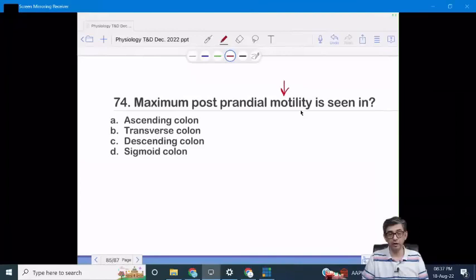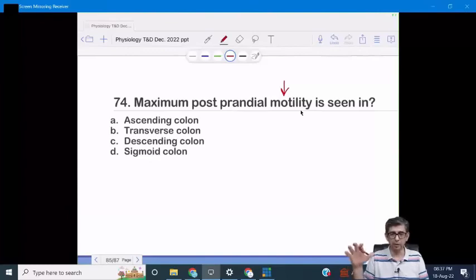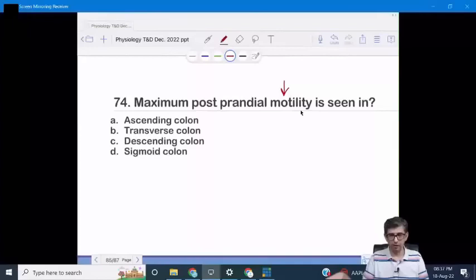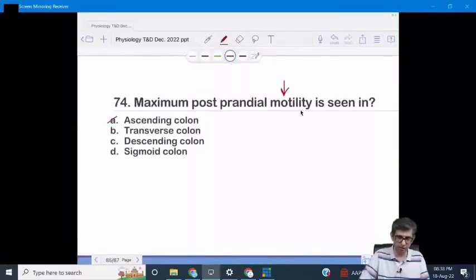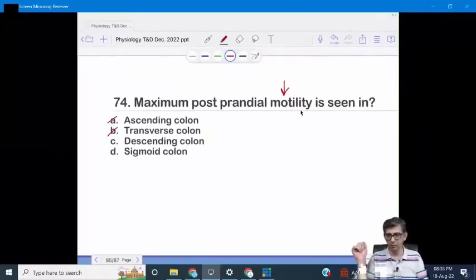That is gastrocolic reflex. So we are talking about motility in the terminal part. I mean, you can rule out two options here. At least I'm ruling out two options for you guys: ascending colon and transverse colon. तो अब बच के दो यहाँ पर. That is descending colon and the sigmoid colon, and you have to select the correct one here.